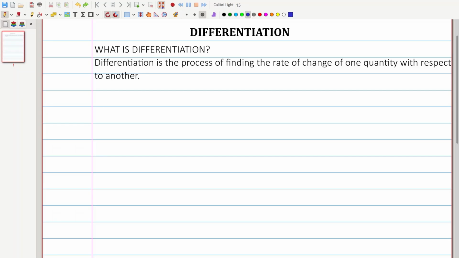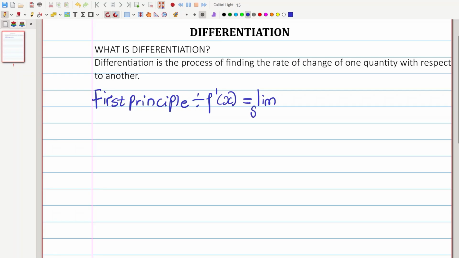Introducing the first principle formula. The first principle formula is f prime of x is equal to the limit as delta x tends to 0 of f of x plus delta x minus f of x, that is the function of x, all over delta x.